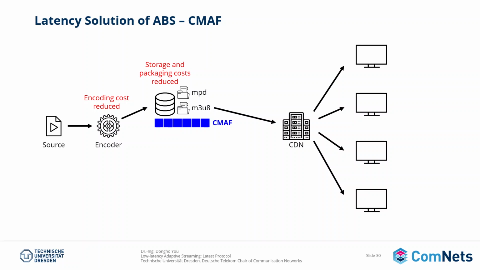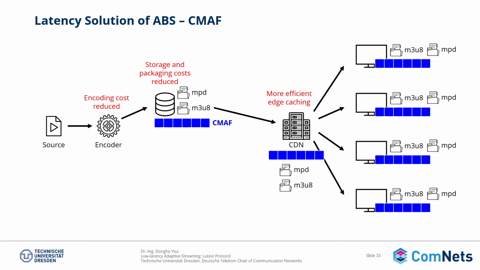So we can reduce not only encoding cost but also storage and packaging cost. This makes edge caching in the CDN server more efficient, and consequently we can overcome the latency issues because we cut unnecessary encoding processes. It's simpler than the previous complicated ones, right?